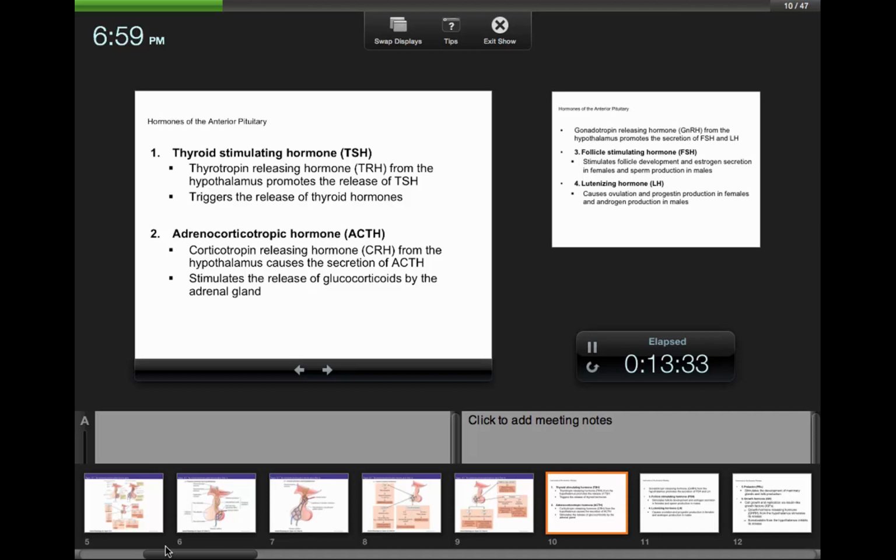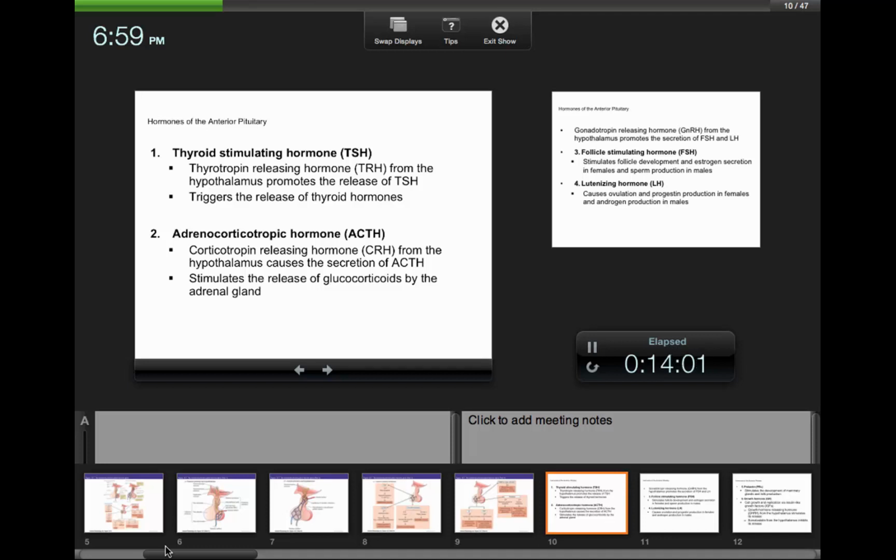Okay, the last two of the anterior pituitary are prolactin and growth hormone. Okay, so these are funny. The hypothalamus is not very original, but it's growth hormone releasing hormone.